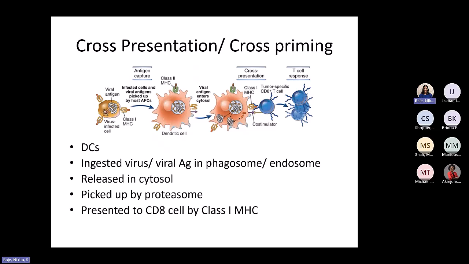The dendritic cells can sometimes use cross-presentation or cross-priming, which means an ingested virus or viral antigen is present in a phagoendosome. It's released, it comes into the cell, right? Or the target cell is taken into the dendritic cell, and then that viral protein is released in the cytoplasm.